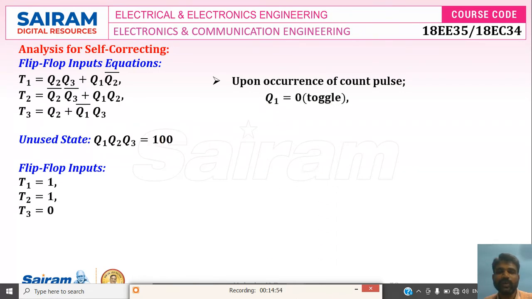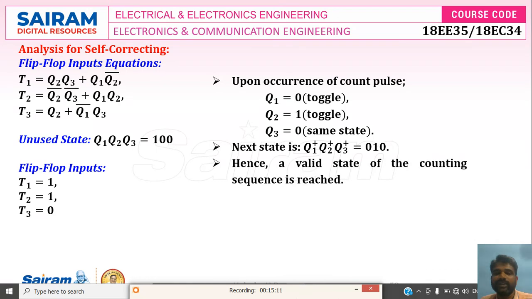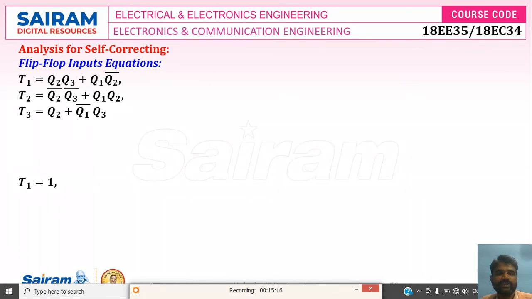That means the present state is 1, the next state is 0. Again T2 toggles, so the present state is 0, the next state is 1, and T3 stays the same as the present state. Q3 is 0, so it will remain in the same state. So the next state is 010. Clear? So again it has reached a valid counting state. And next consider the unused state 111. For that, obtain the flip-flop inputs.